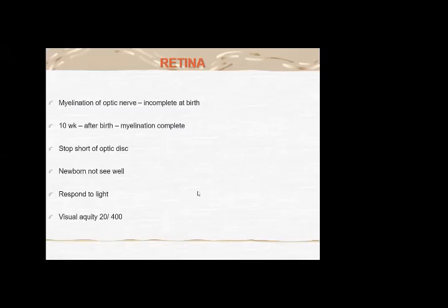So that is why, since this is not myelinated, since it is not completely developed, once the baby is born, he or she cannot see well. They perceive light and respond to light, but they do not see figures well. It is a hazy figure. Visual acuity at the time of birth is just 20/400.